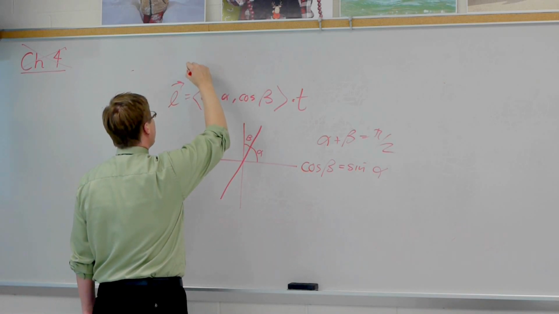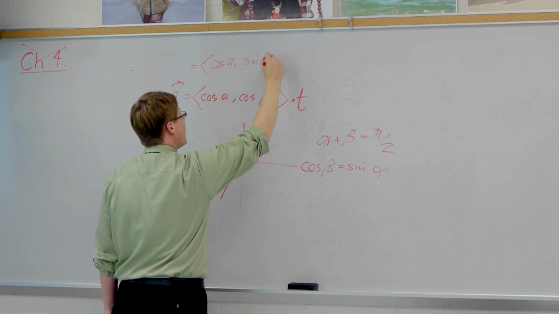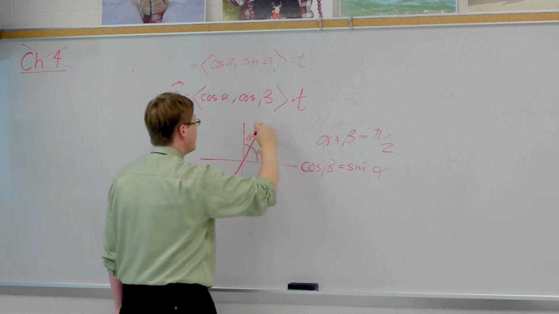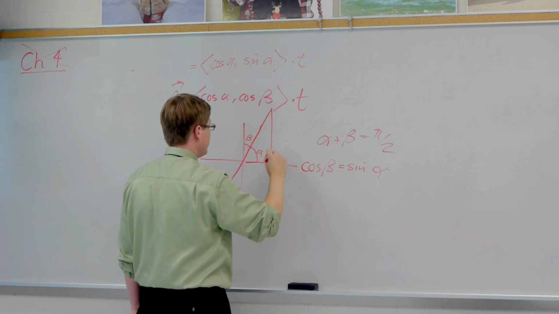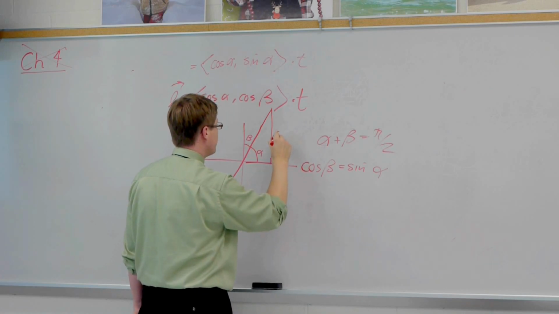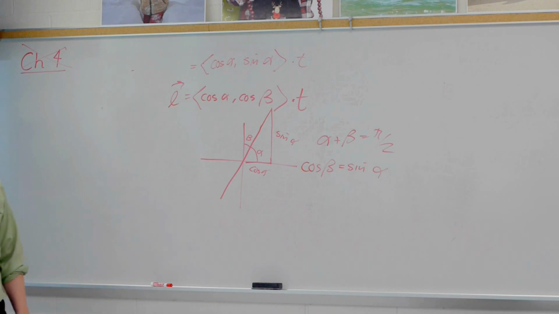So that means L is cosine alpha, sine alpha, times t, which is cosine alpha, sine alpha.